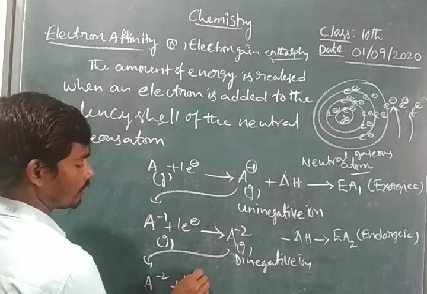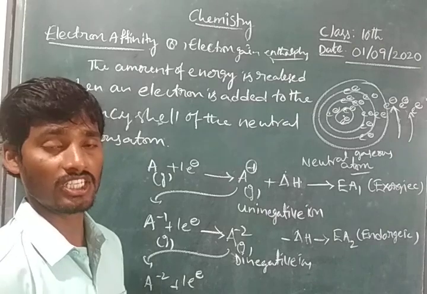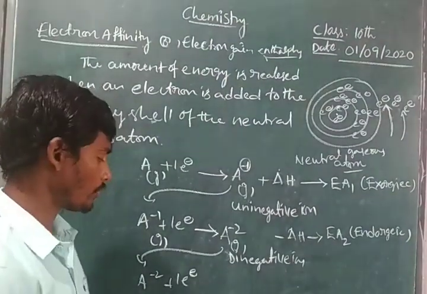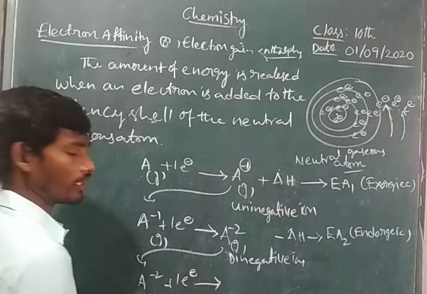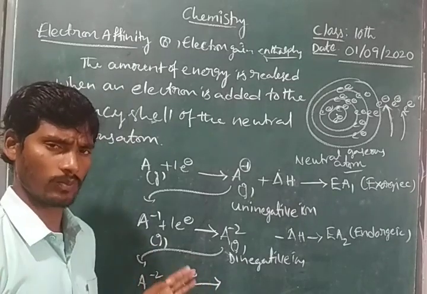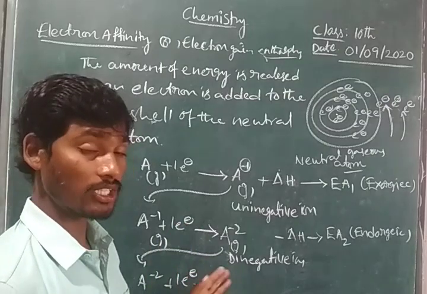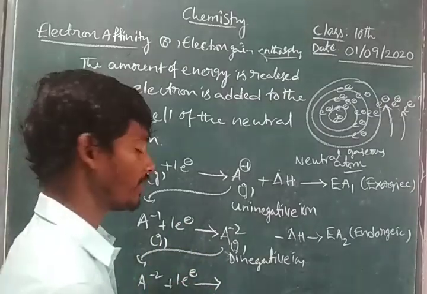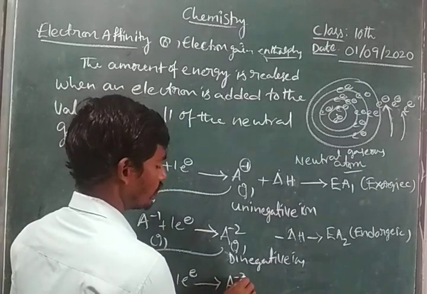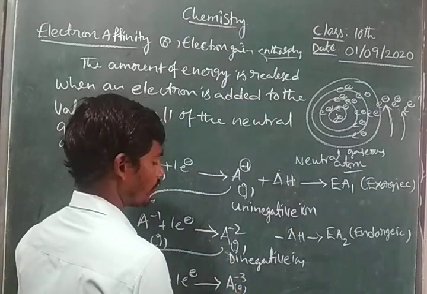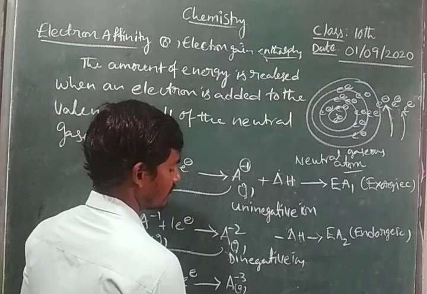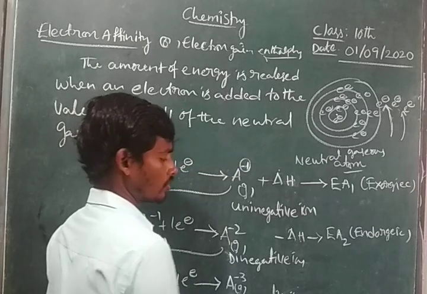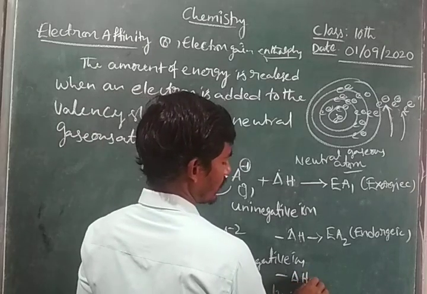Suppose you want to add one more electron to the di-negative ion, A minus 2 plus 1 electron. It is too difficult, children, and practically impossible, but we need to add one more electron. Then it forms a tri-negative ion, and here also it releases some energy.